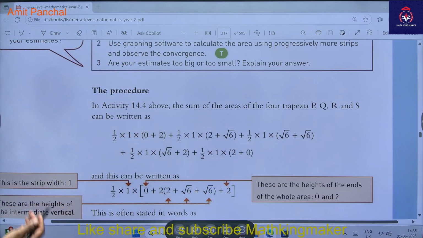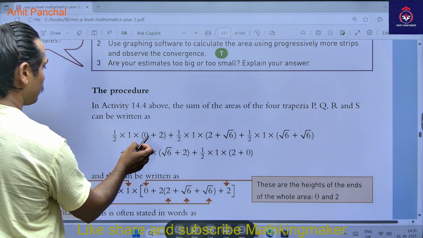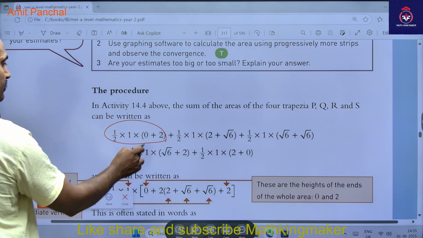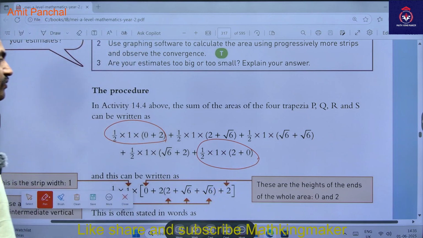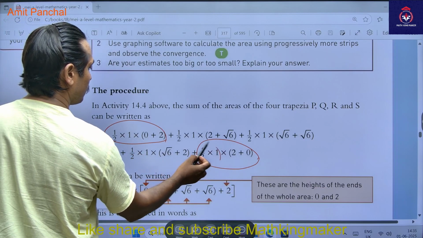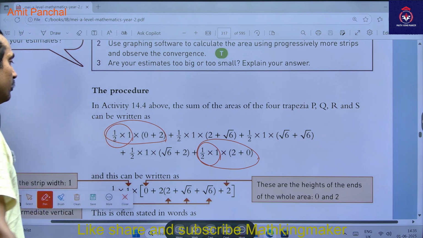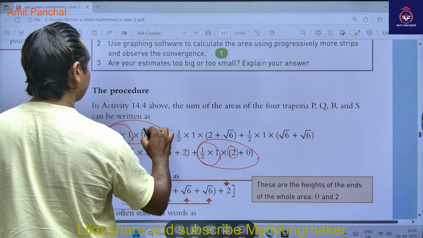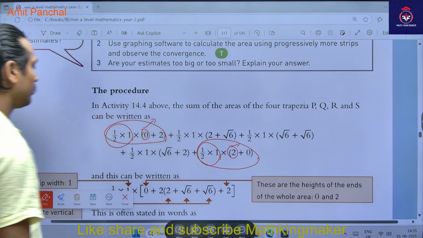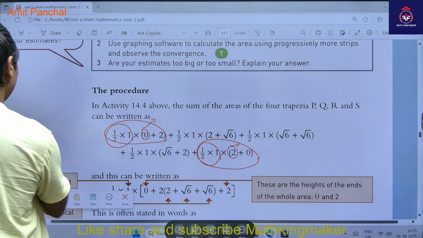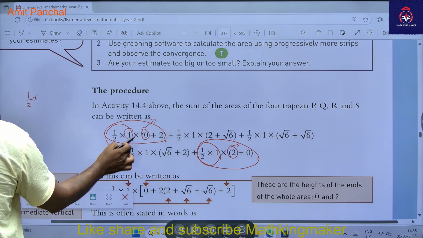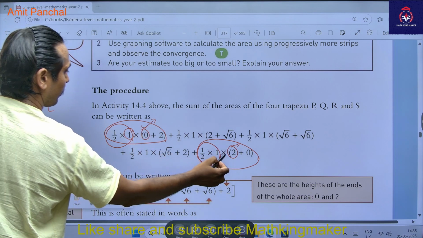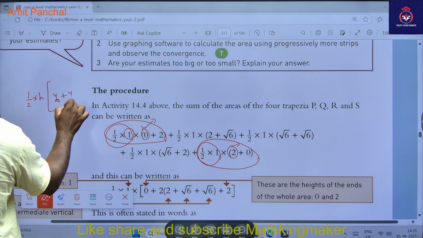So if you generalize this formula, you can see here in the initial one, this is the initial height, and these are the ends' height. It is first, it is last. So we can have half, the width of the strip, into ends, these are the heights of the ends, that is y0 plus yn.